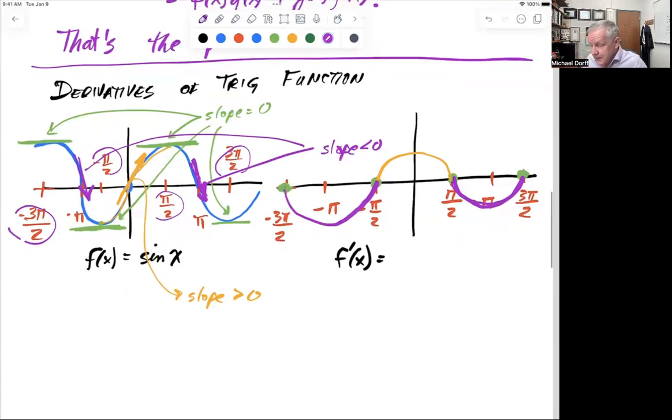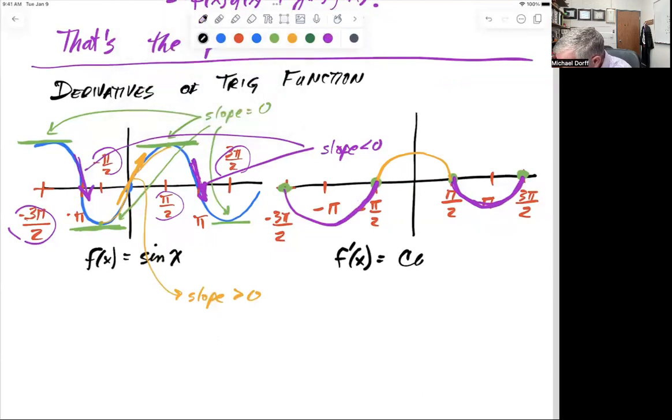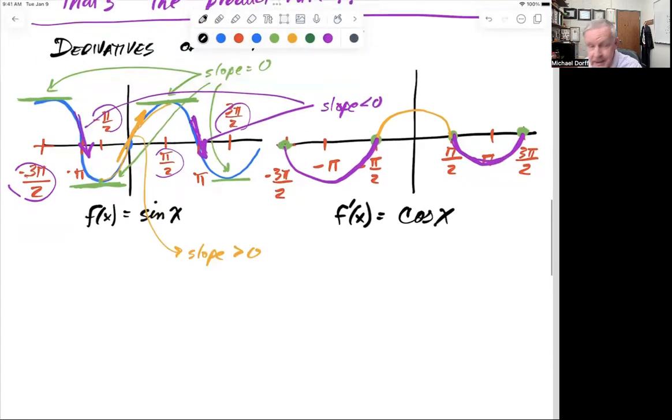Well, it looks like we've got a curve, again a wave function, just like we did originally. And that looks like the cosine function. And that's true, that's actually what happens. The derivative of sine equals cosine.